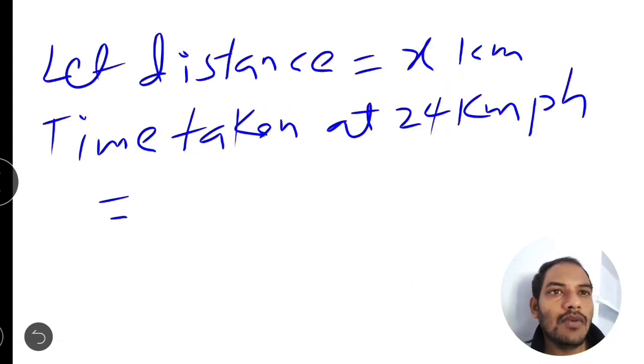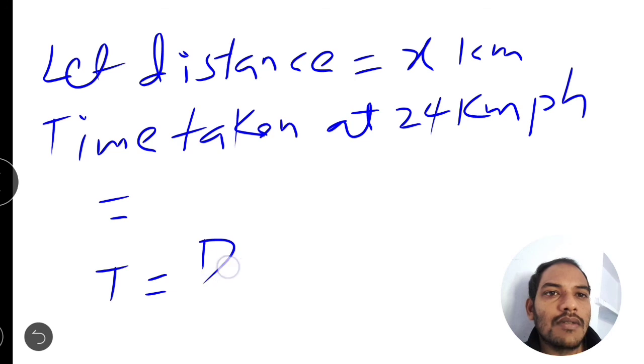So what I am going to do is find the time taken when he drove the moped at 24 km/h. The time formula I already explained in the previous problem, that is distance divided by speed. So time equals distance divided by speed.